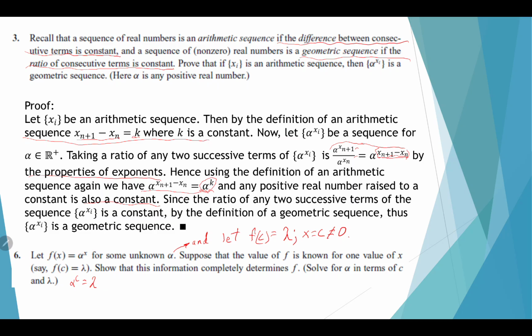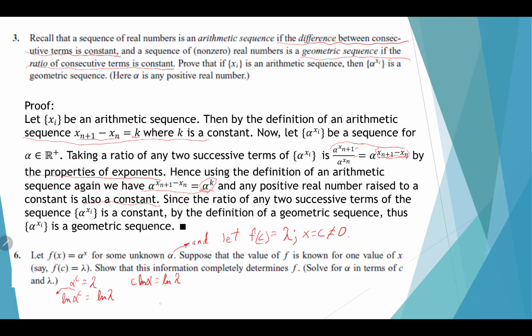And I'm going to go ahead and take the log of each of these: ln of alpha to the power of c is equal to ln of lambda. Now, why do I use ln and not log? Well, it's one less letter to write. And I'm a mathematician, and we like to be lazy. I can pull the c down, so I have c ln of alpha is equal to ln of lambda.